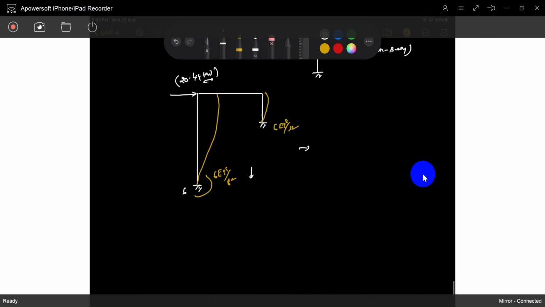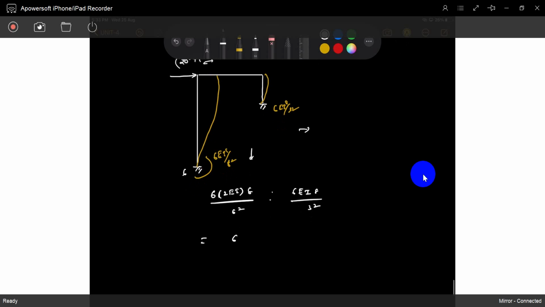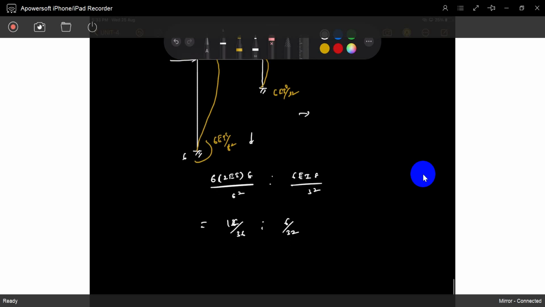So now you can see 6, it's a 2 EI delta by 6 square is in the proportion of 6 EI delta by L square is 3 square. Now you can observe it. 12 by 36 is 6 by 3 square. 6 by 3 square is in the ratio.